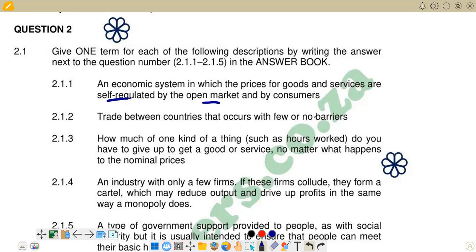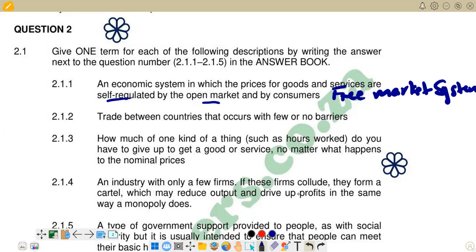So this really fits a market economy, or a free market economy. Here you can just say free market system. That is the response on 2.1.1.